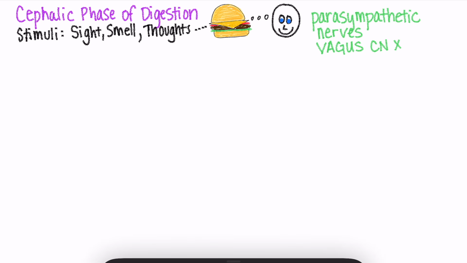And what this is going to do is start causing your stomach cells to make stomach acid already. So we have cells called parietal cells in our stomach wall. That word parietal means wall because these cells are in the wall of the stomach.